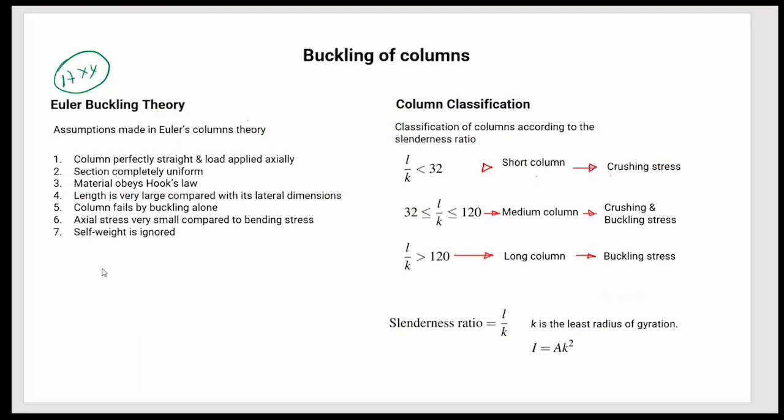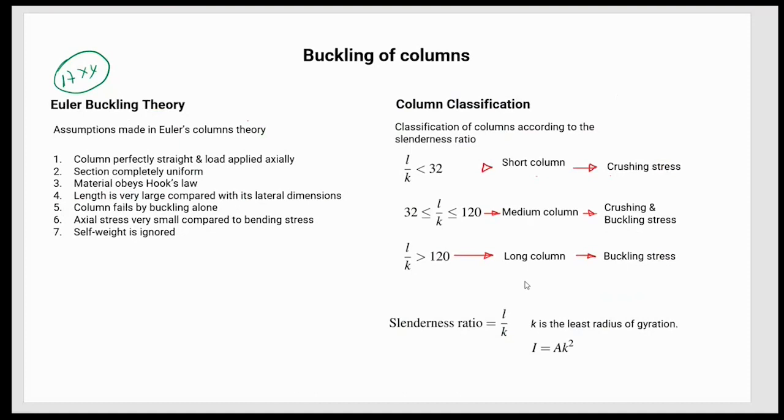Before jumping into the assumptions that Euler took into account to formulate this theory, I'm going to walk you through our column classification system. That classification system is essential to determine which theory might apply to a certain column, depending on whether the column is considered a short column, a medium column, or a long column.